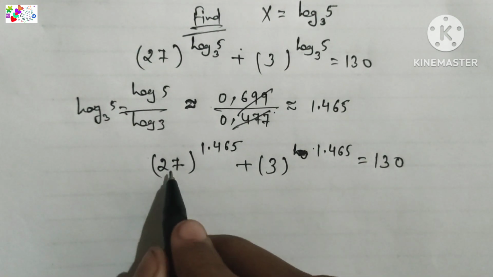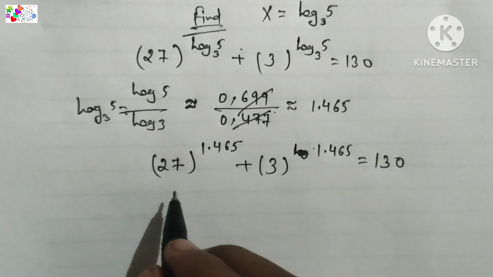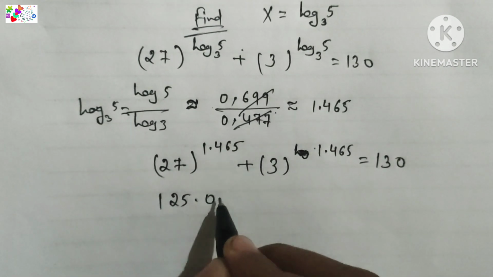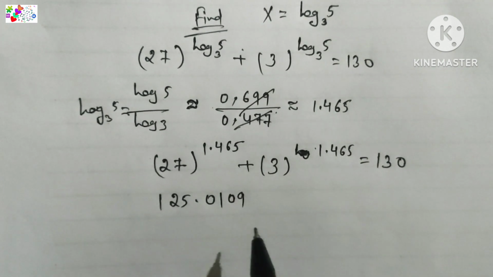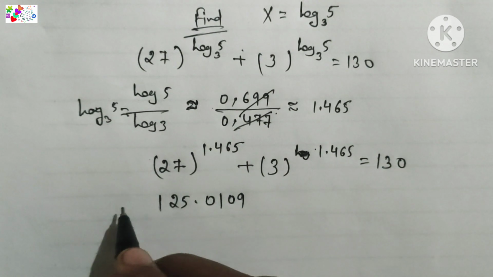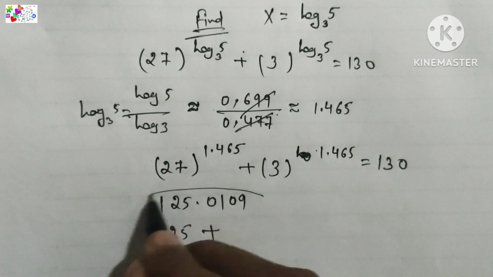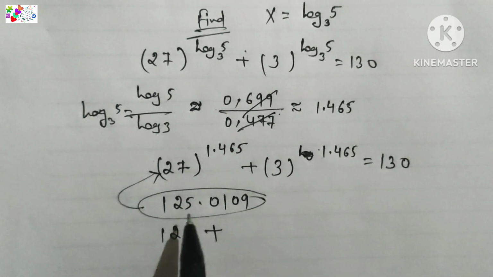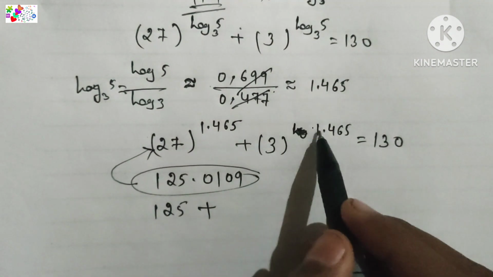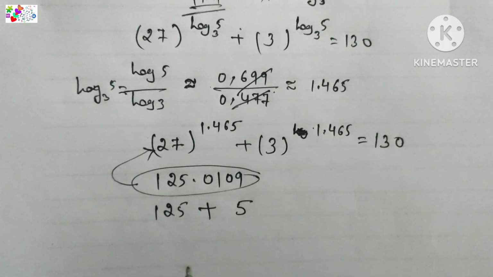Now we know that 27 to the power 1.465 is approximately 125.0109, so I will use 125, plus the value of 3 to the power 1.465, which is equal to 5.